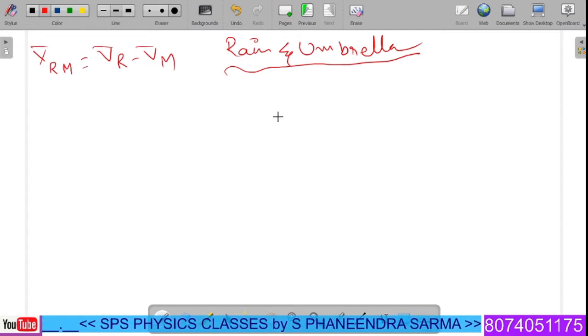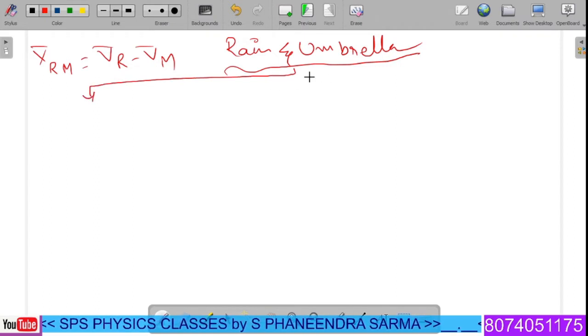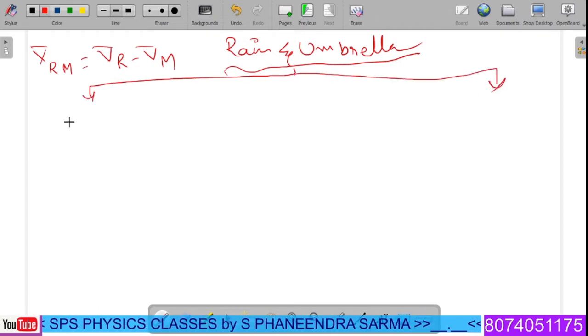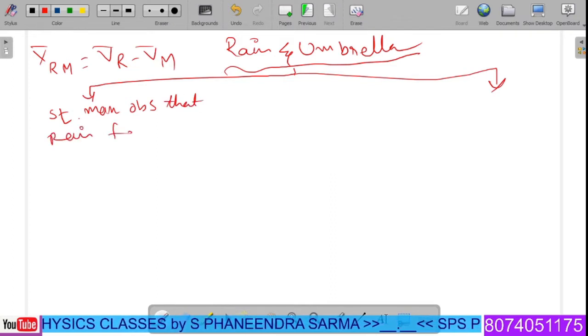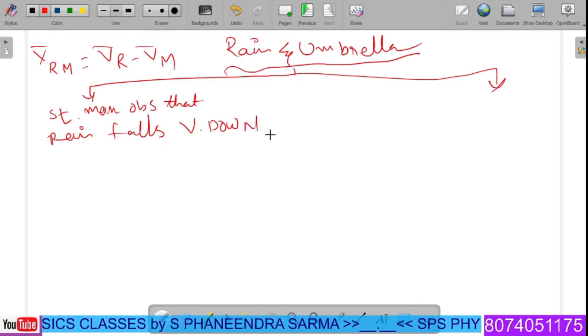Now what happens? In the rain and umbrella problems, we have totally two cases. First one is a stationary man observes that rain falls vertically down.